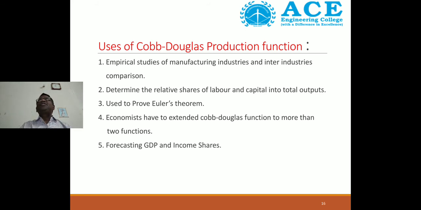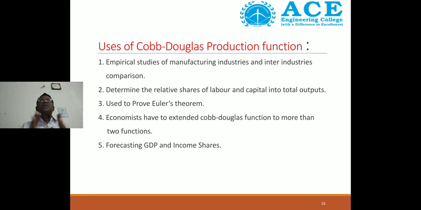It is used for proving Euler's theorem. Economists have extended the Cobb-Douglas function to more than 2 factors. It is also used for forecasting GDP and income shares.